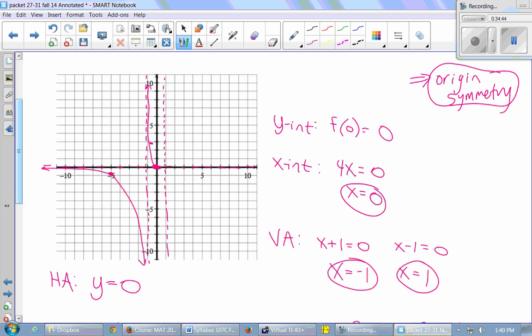I could test a point between 0 and 1, and bigger than 1, but because it's origin symmetry, I know it's going to go like this. And 5, 5/6, something like this. So that when I fold over the x-axis and the y-axis, the two pieces of the graph coincide.